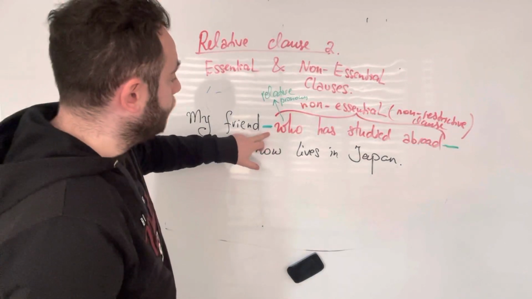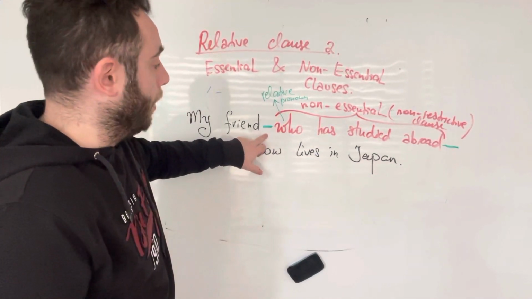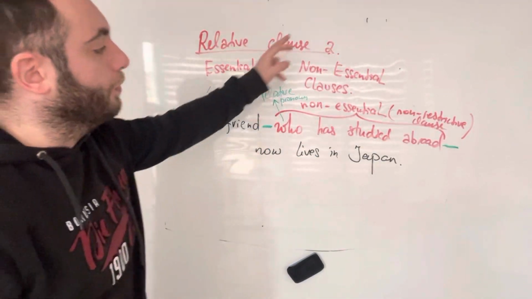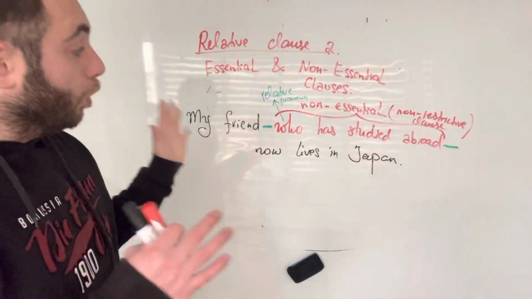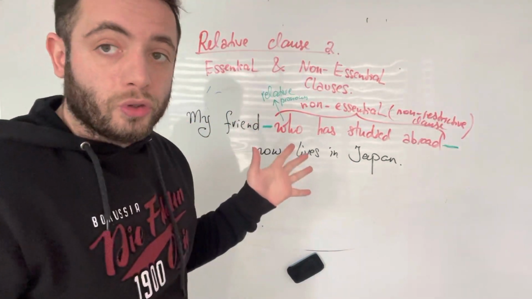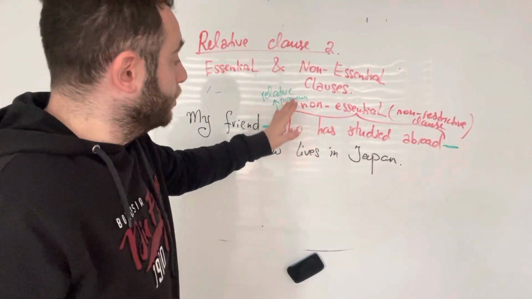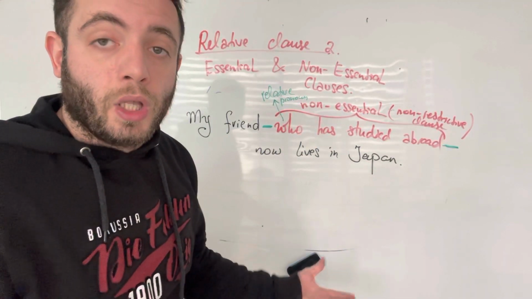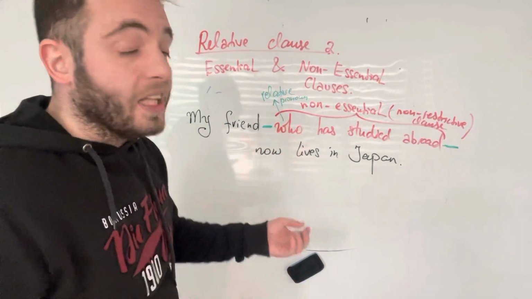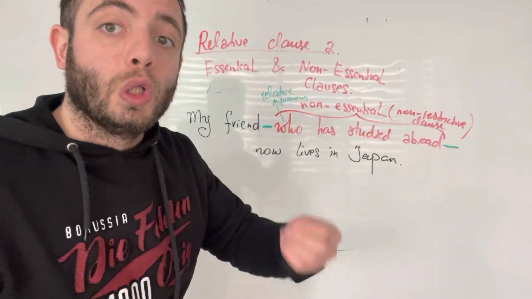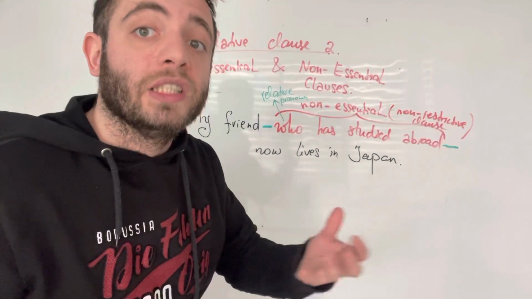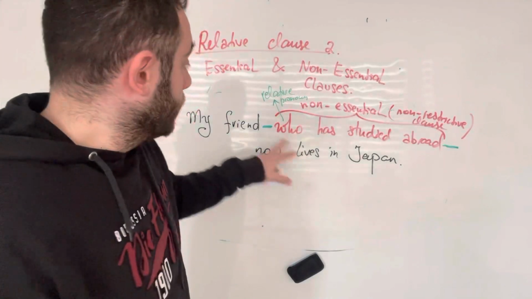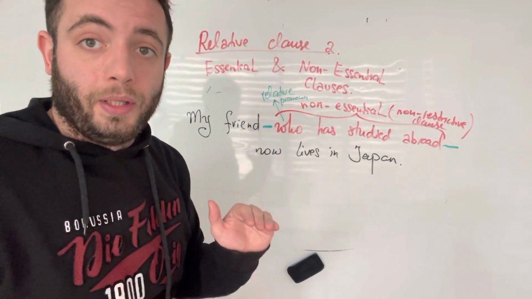If you begin with a comma, you also finish with a comma. If you begin with a dash, you also finish with a dash. It also means whenever you want, you can remove this non-essential clause from your complex sentence. The good news is that since it is an additional fact, you will not lose anything from the essential meaning of the sentence. So the sentence will mean the same thing.